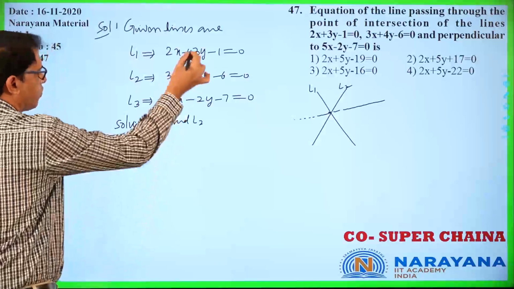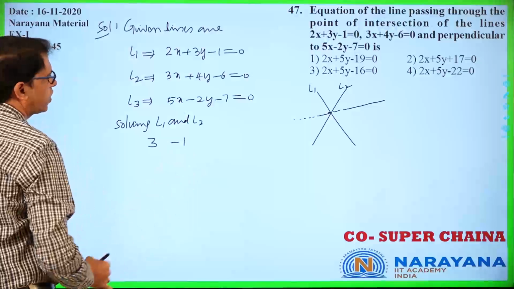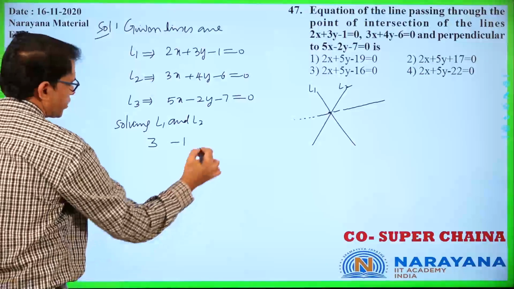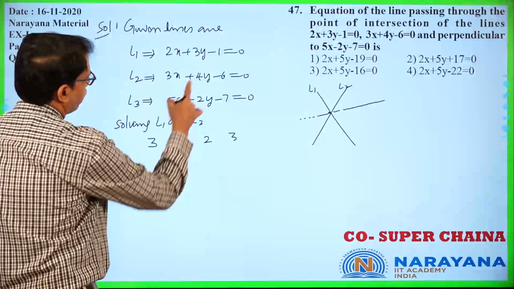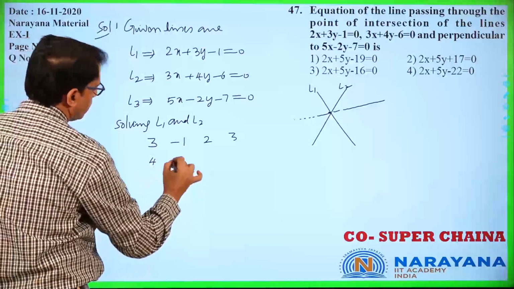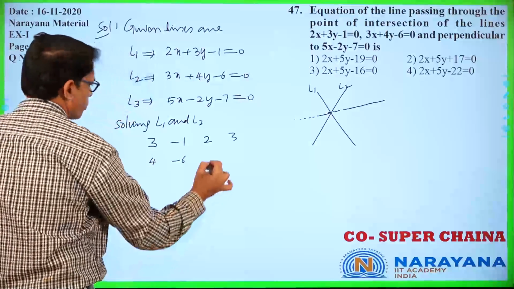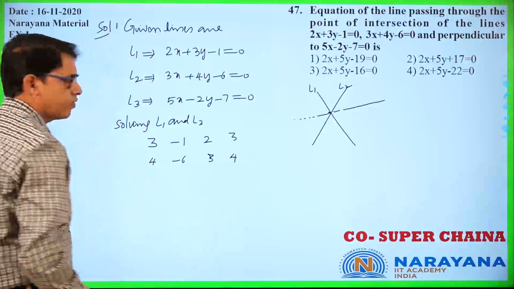First write the y coefficient 3, then constant 1, constant minus 1, x coefficient 2, again repeat 3 here. Then y coefficient 4, constant minus 6, x coefficient 3, then repeat 4 here.